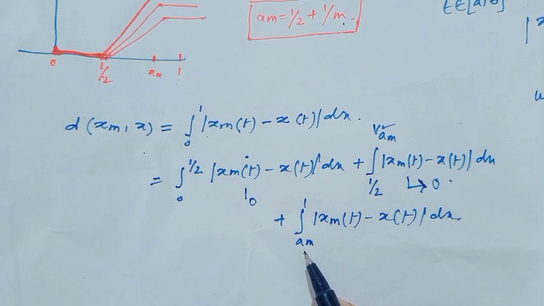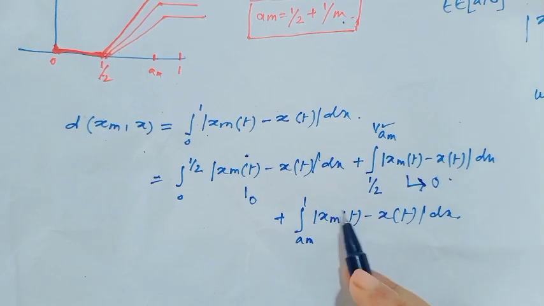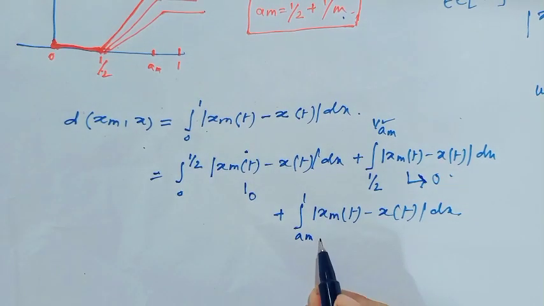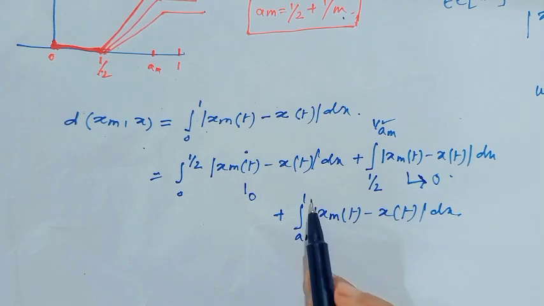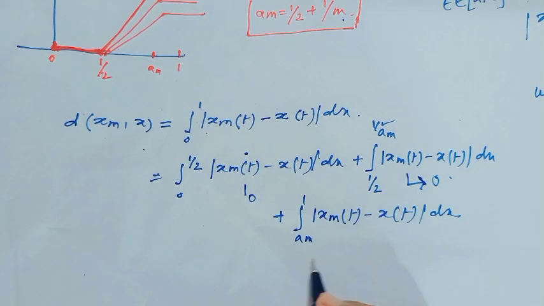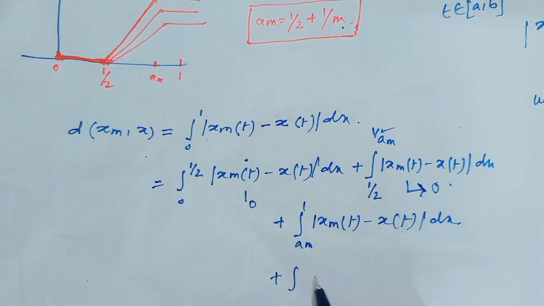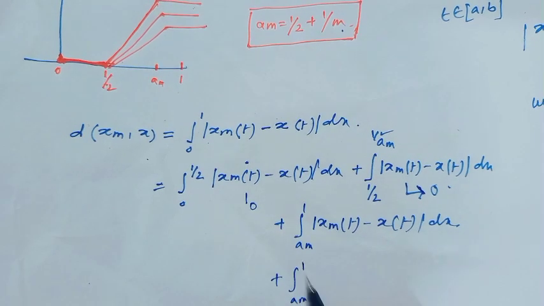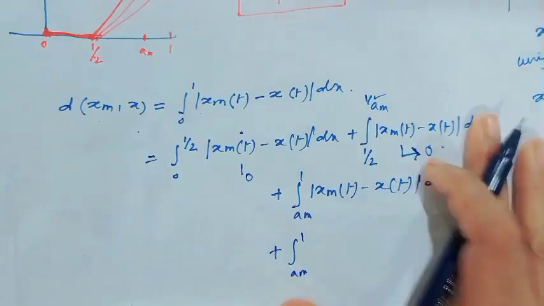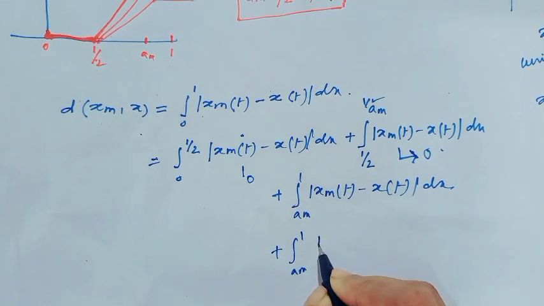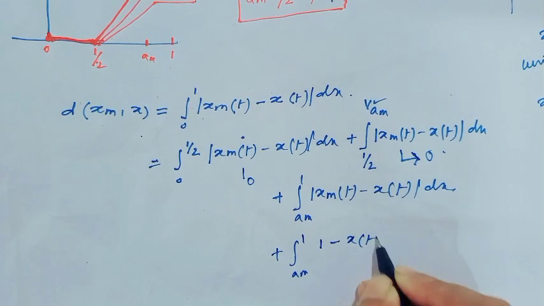And on a_m to 1, that means half plus 1 over m to 1, the value of x_m(t) is 1.